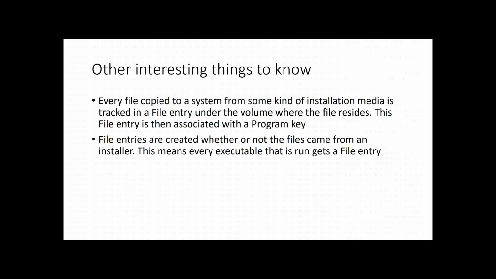So I talked about this in the beginning, but the nice thing about the way Amcache works is that when an installation happens, it's going to keep track of the program that did it and then all the files that get copied as a result of that installer running. And then not only do we get a file entry, but it will be tied back, using one of the values, to one of those program entries.